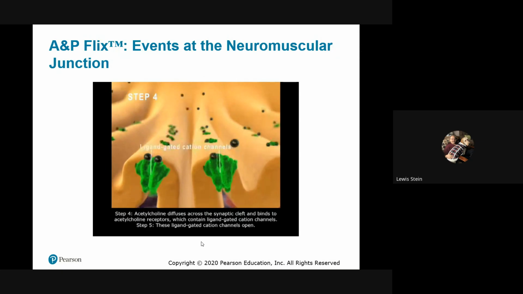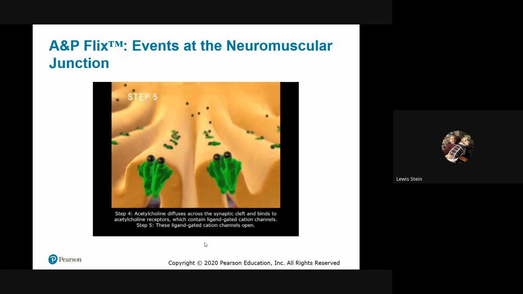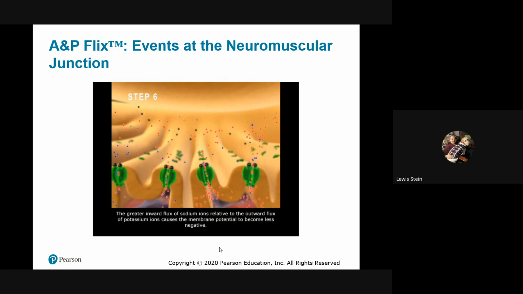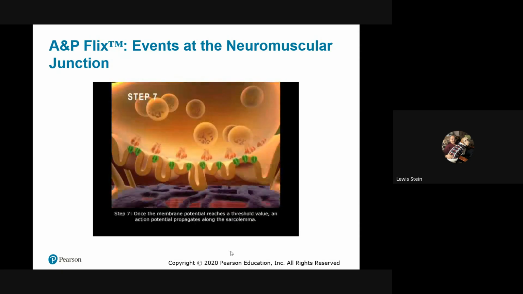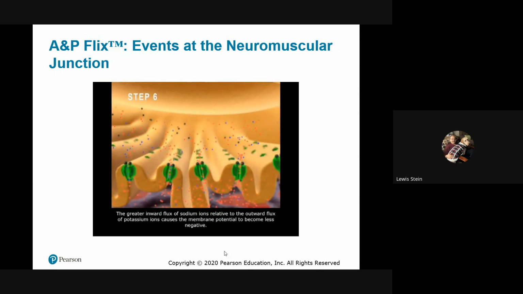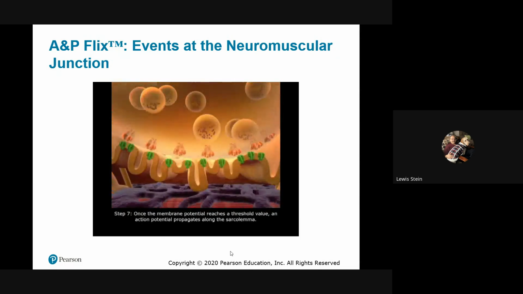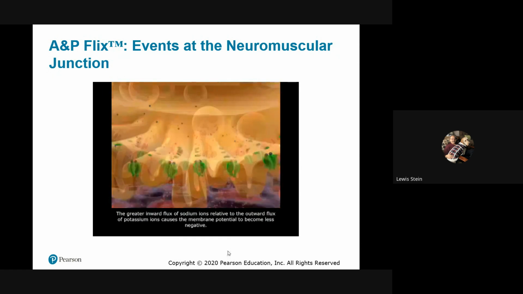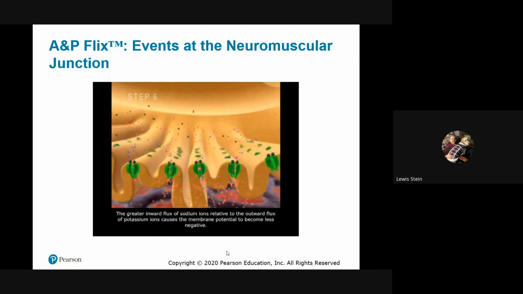And what they do is they're not just for sodium, they're for sodium and potassium. And as the illustration shows very nicely in the animation, it has more sodium in red going in than blue potassium going out. So it shows that to you pretty well. So you can take a look at that part and what's going on.